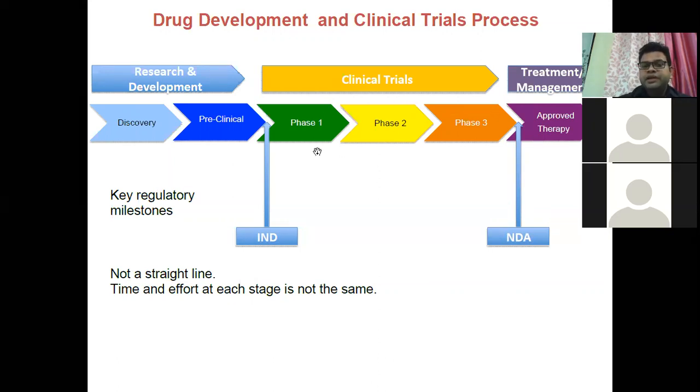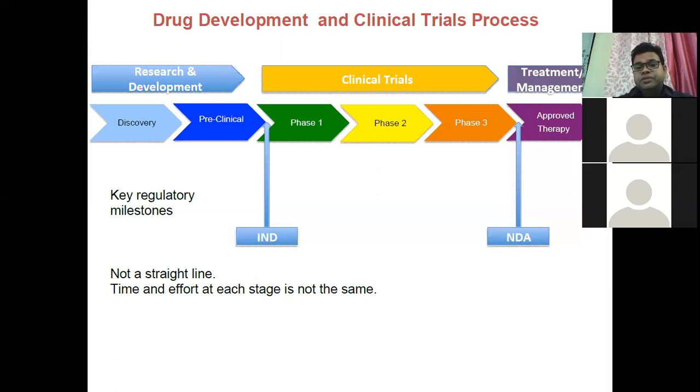In clinical trials, there are 3 phases: phase 1, phase 2, and phase 3. As we hear in our newspapers and daily news about COVID-19, clinical trials are going on, phase 1 and phase 2 are completed, and now we are conducting the phase 3 clinical trial of this vaccine.